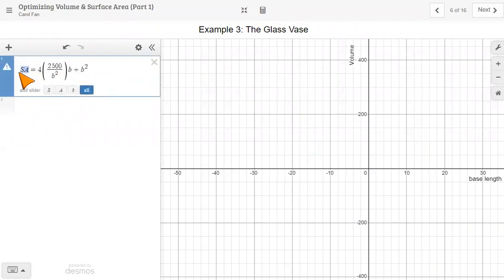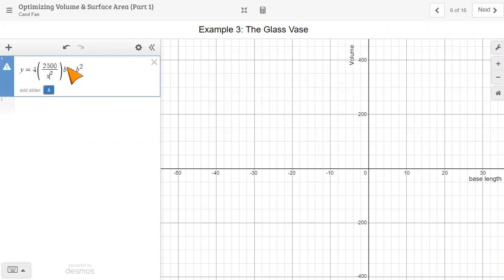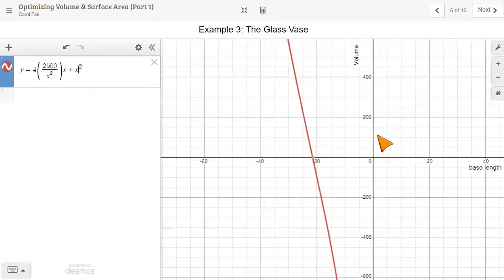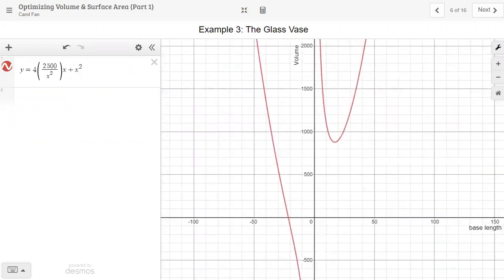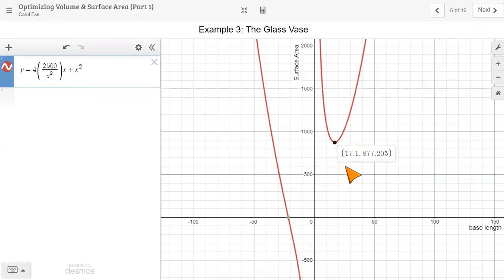Okay, we have to substitute it with x and y's now. I'm also going to change the values of my x and y axis. I know that the x-axis is the base length, y is the surface area. So let's find our value.